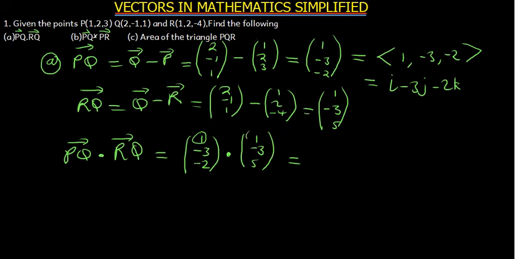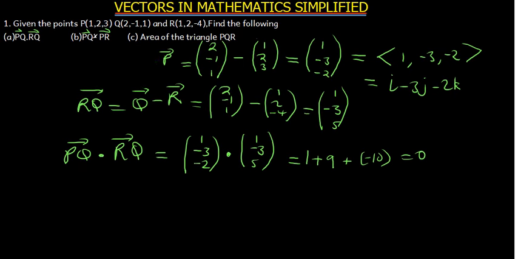So 1 times 1, that is a 1, plus -3 times -3, that is a +9, and then plus -2 times 5, which is a -10. So 1 plus 9 minus 10, this is going to give us a 0. So that is the dot product for that one.